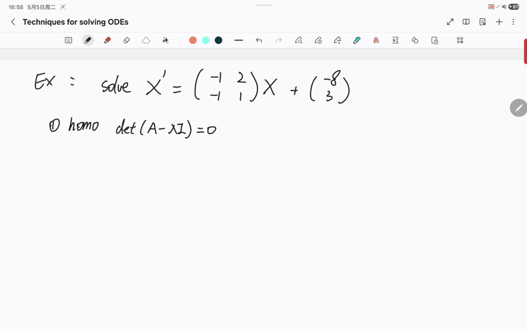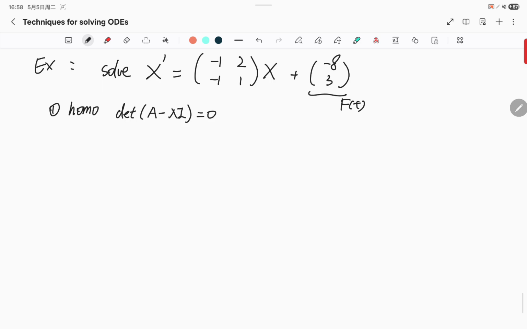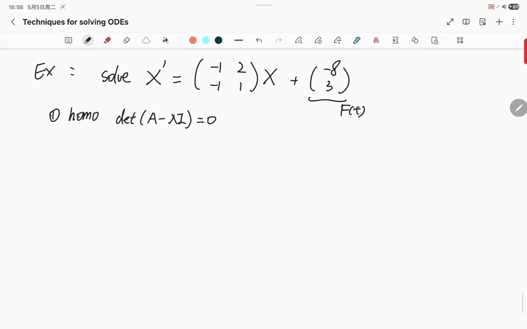Now, what is A? A is this, and this is my f of t, which is dealt with in the particular solution.